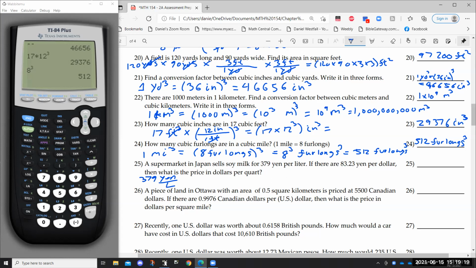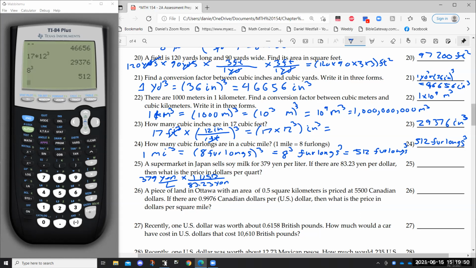If there are 83.23 yen per dollar, 83.23 yen per 1 US dollar, I'm just going to use USD there, then what is the price in dollars per quart?